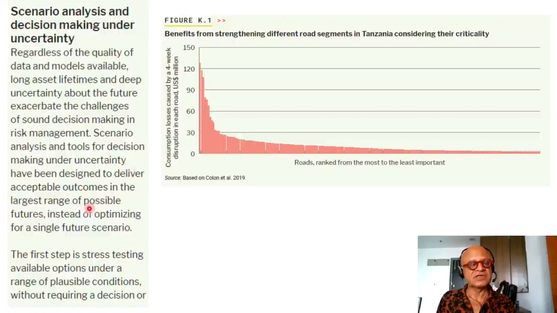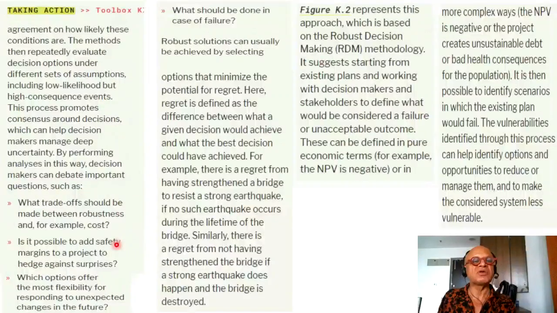So lots of uncertainties there in each scenario, so you have to choose a few what-if scenarios for the future and storylines to make your decisions under uncertainty. The first step is stress testing available options under a range of plausible conditions without requiring a decision or agreement on how likely these conditions are. Okay, so you just take them as a given and build your decision system on that.